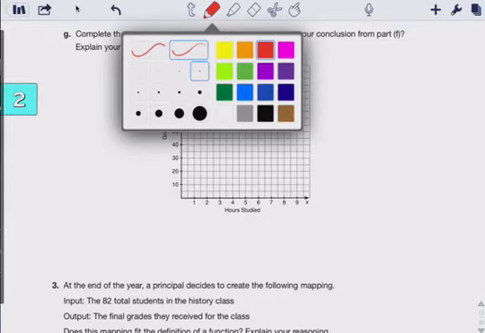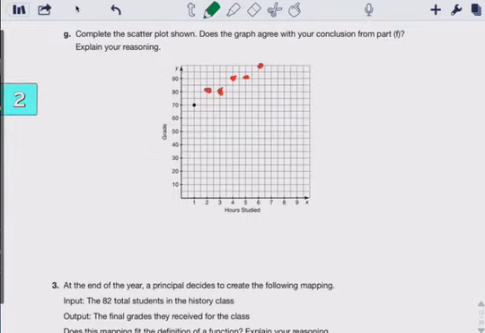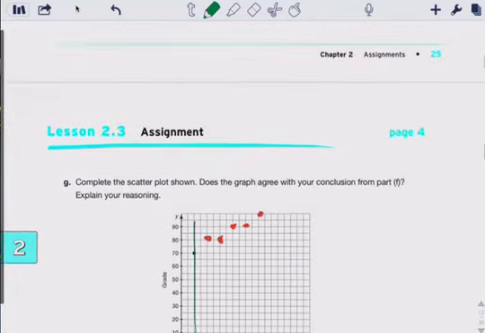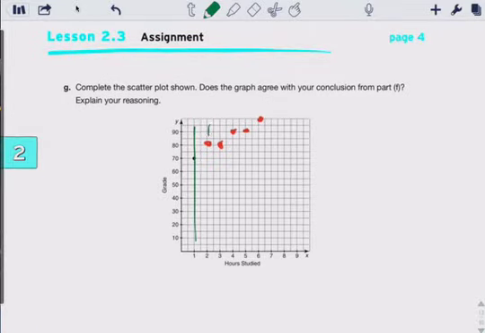Okay, so does it agree with our conclusion in F? Yes, it does, because if you draw a vertical line, the line only passes the dot once.